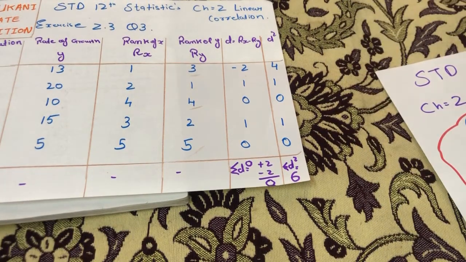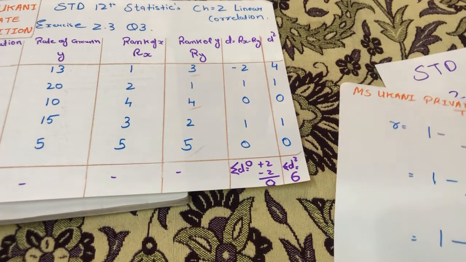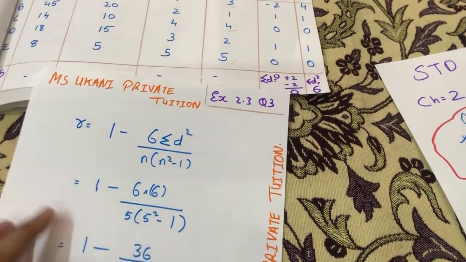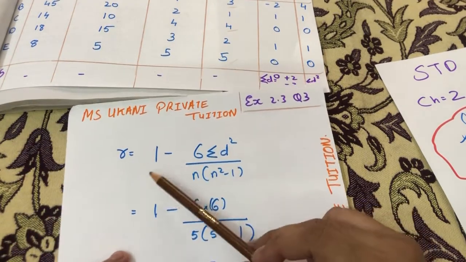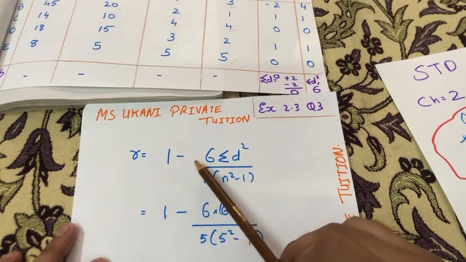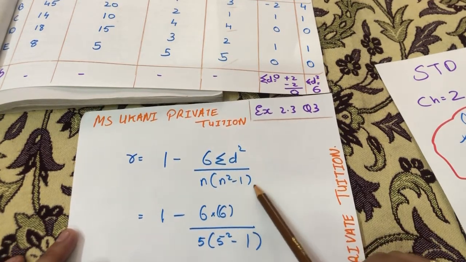So now let us put the digits in the formula. Here I had already written the formula for the Spearman rank correlation method. R is equal to 1 minus 6 summation D square upon n times n square minus 1.